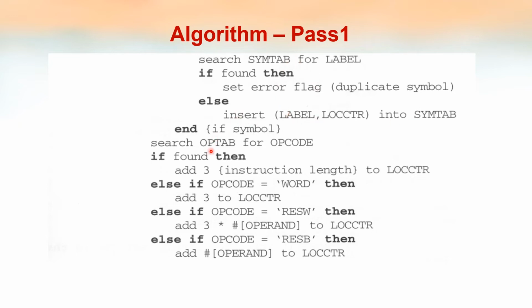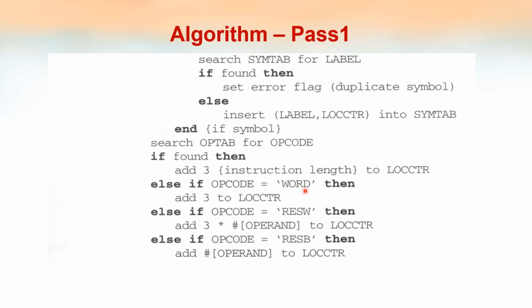Now we have to search the optab for the opcode. If found, meaning the opcode is there in the optab, then it's a proper instruction, and we add 3, the length of the instruction, to the location counter value. Else, if it is not an instruction, the opcode will be word, reserve word, reserve byte or byte, and for each of those we have to add values to the location counter.